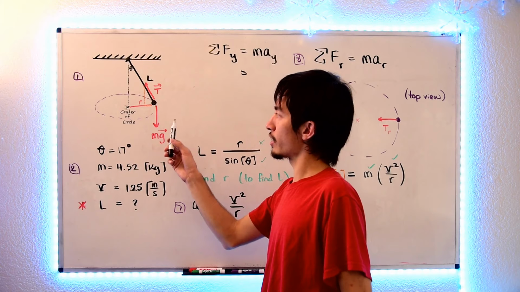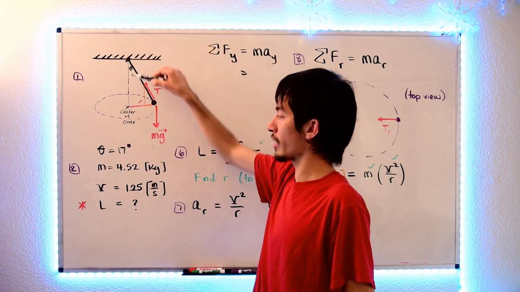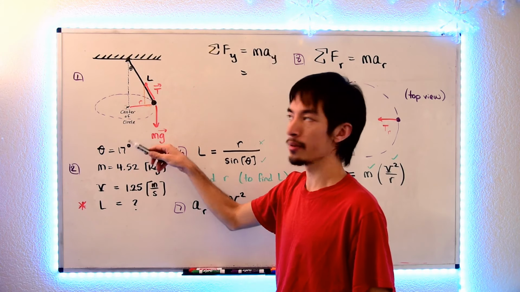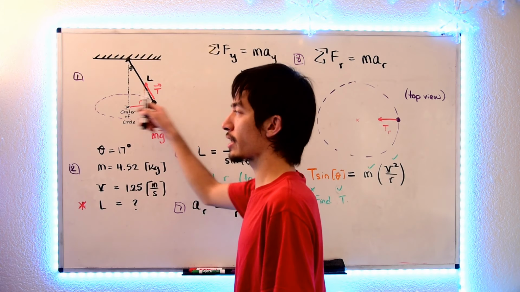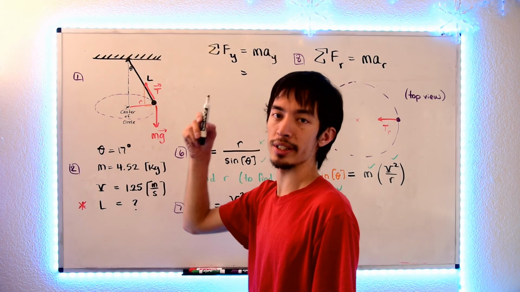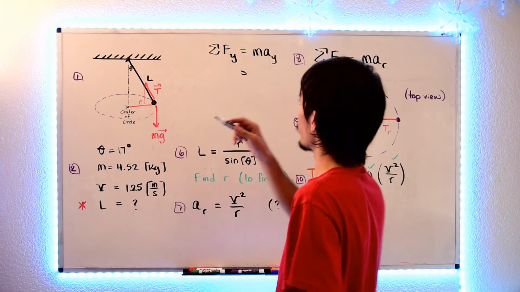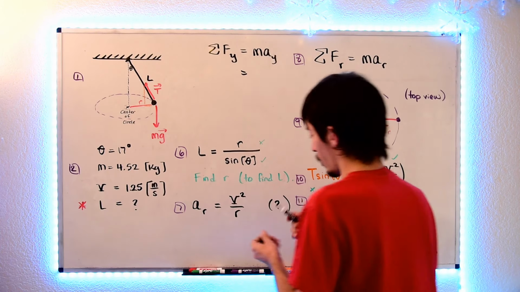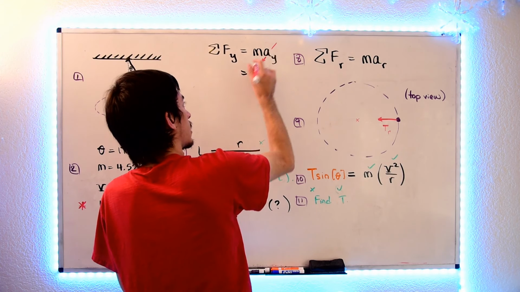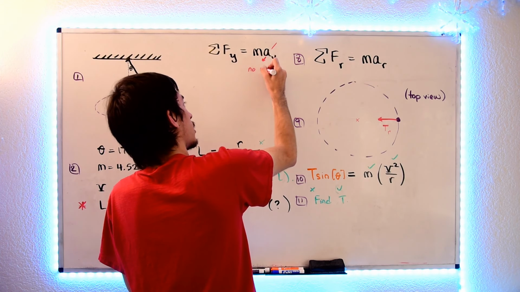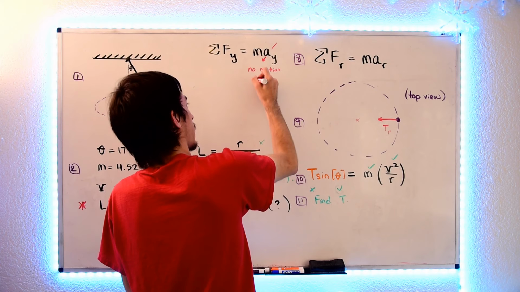The answer in this case would be no, because the angle is kept constant at 17 degrees. If it's kept constant, all it's going to do is keep going in that horizontal circle, and it's never going to move up or down in the problem. So we know that there's no motion in the y direction, so we cross out that acceleration.